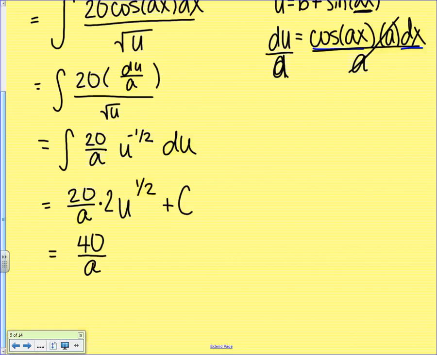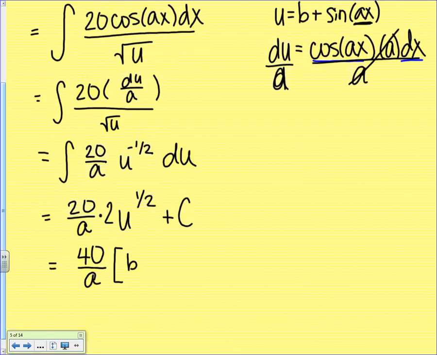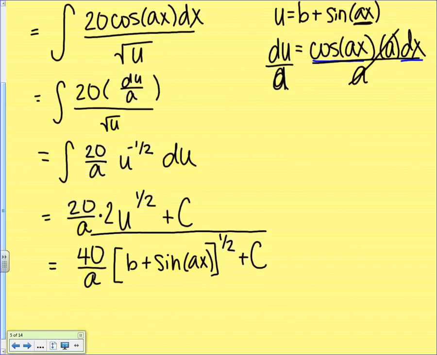And our u is b, look back up here, plus sine of ax, and it's all to the 1/2. Now, if you'd rather write that with a radical, you can. That's fine with me. Doesn't really matter. But this is going to be your answer here.